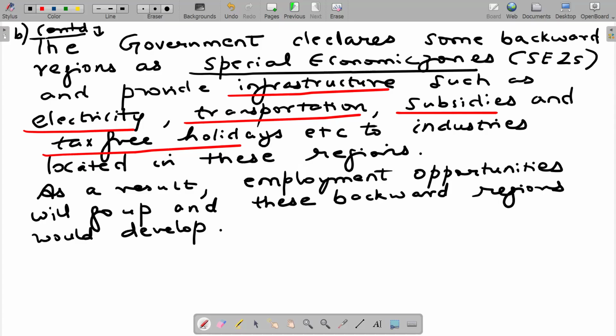So this is point number B getting continued, where we talked about special economic zones. So we have done point 1 completely.